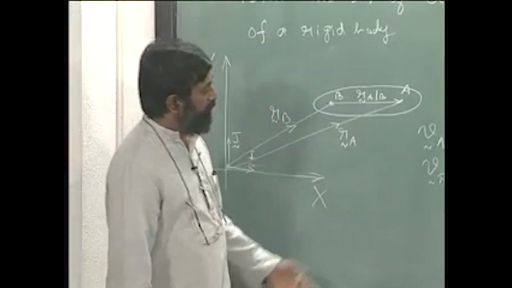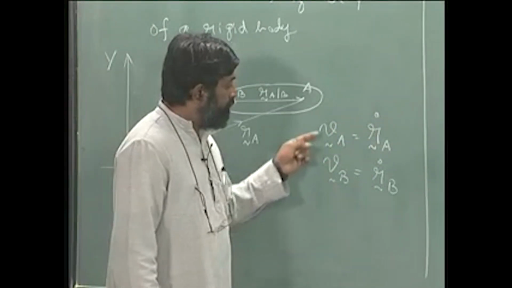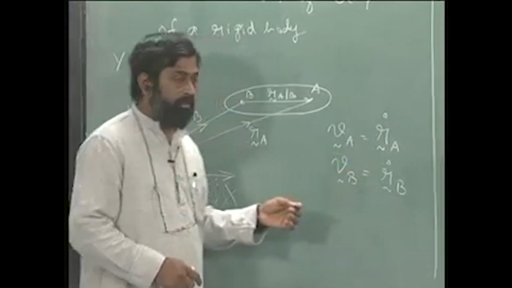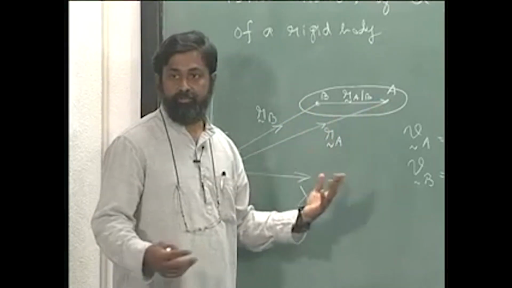Okay. So, if I can find out the relationships between VA and VB, again I will be able to write down, given the velocity of B, what will be the velocity of A. Okay.